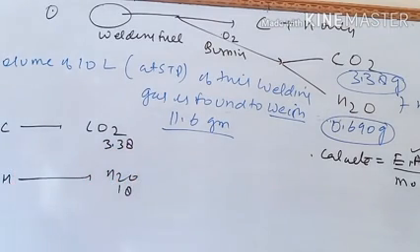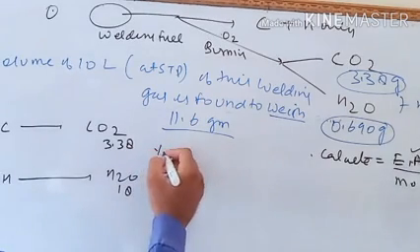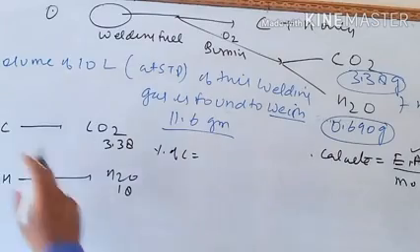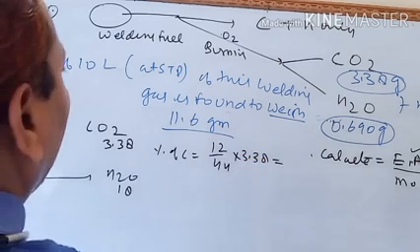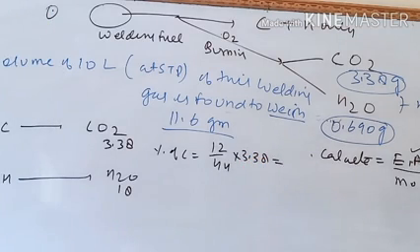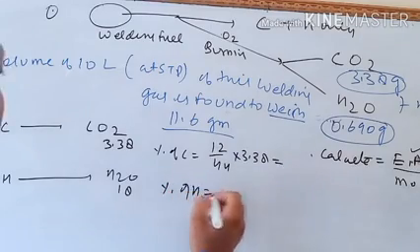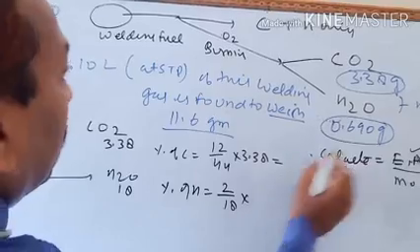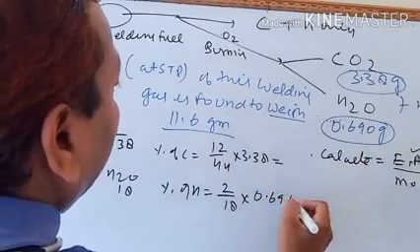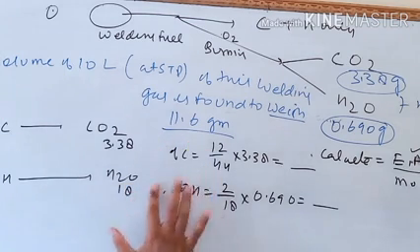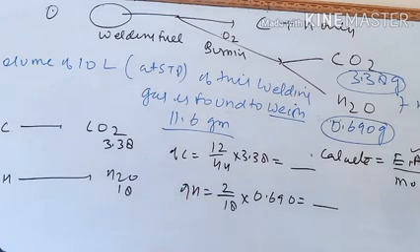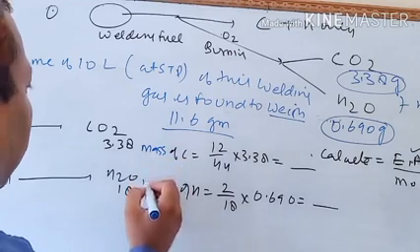First we will calculate the percentage of carbon: 12 upon 44 into 3.38, whatever value comes. Similarly, the percentage of hydrogen: 2 upon 18 into 0.690. First we calculate the mass, then the percentage will come.